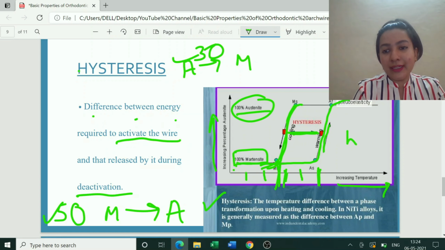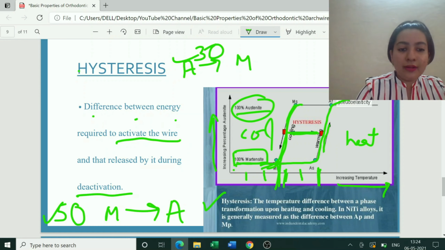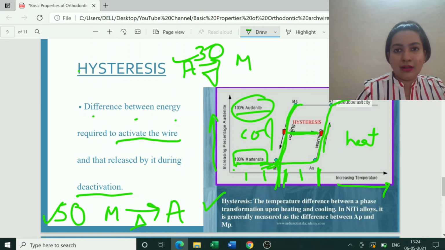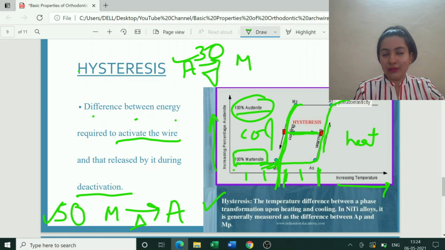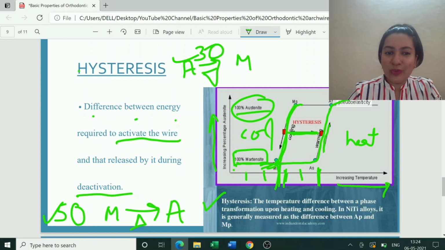This happens when heat treatment is done and this happens when cooling is done. So M to A is when heating is done. A to M is when cooling is done. So the difference in the energy is your hysteresis, and this is your hysteresis curve. I hope it is clear. Okay, moving on.